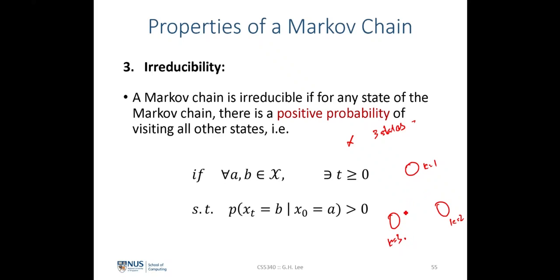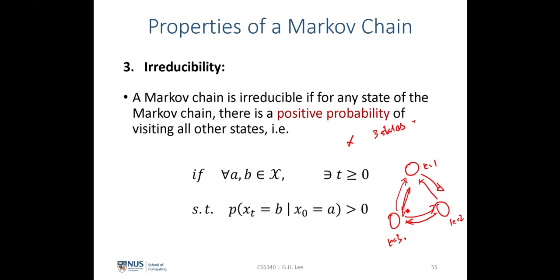If I start off at any particular state, there must be a positive probability that I can move to any other state in the state space. And this simply means that none of the transition probabilities here can be 0.